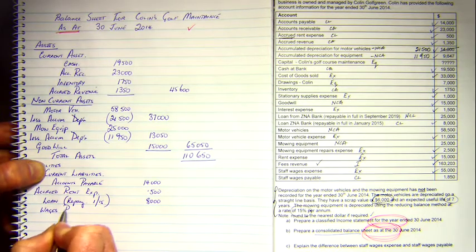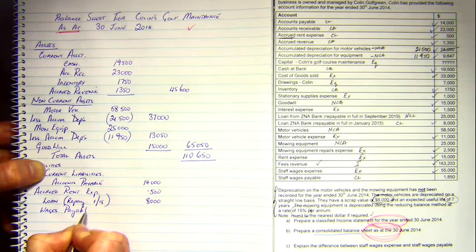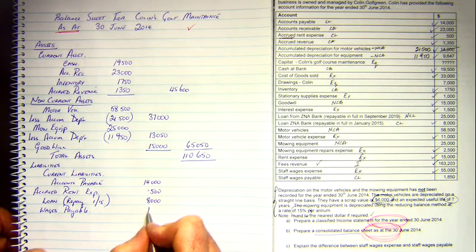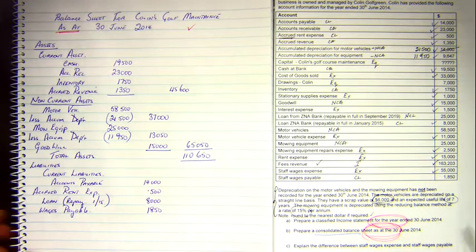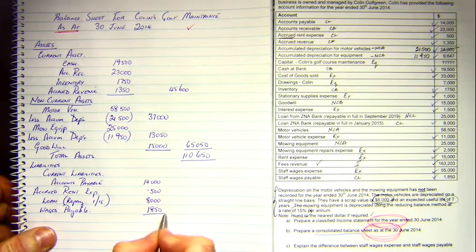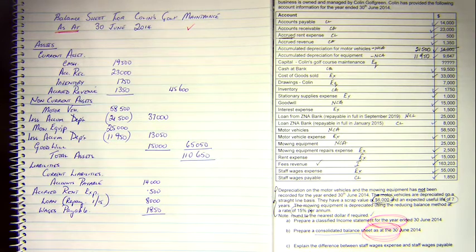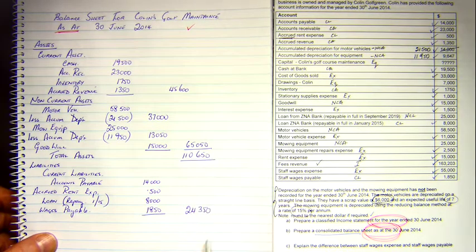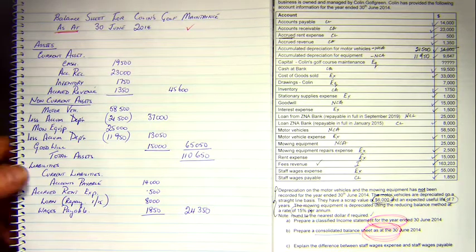Wages payable. Wages payable is 1,850. Any others? No? What's my total there then? 24,350. Wow, these are fast calculators. I like them.